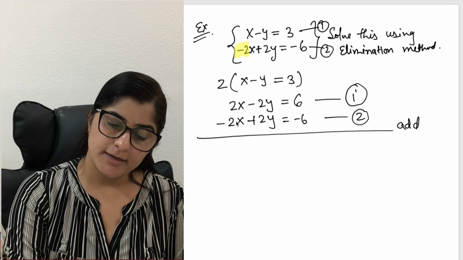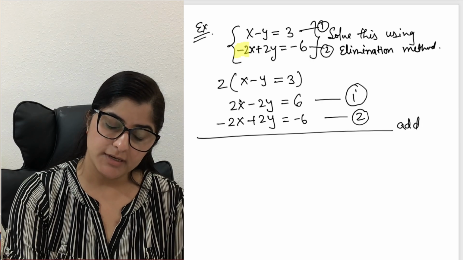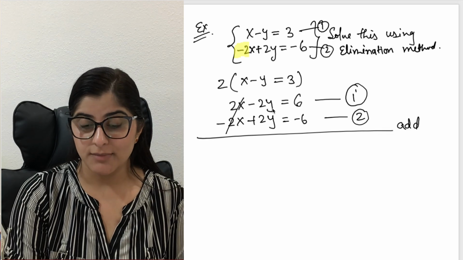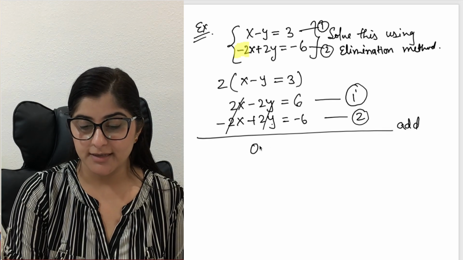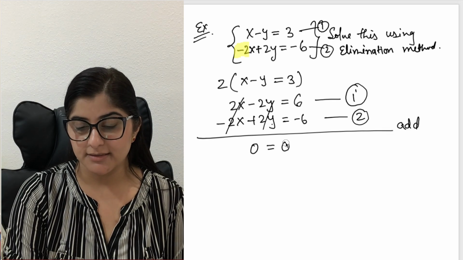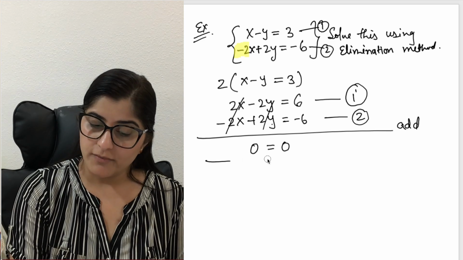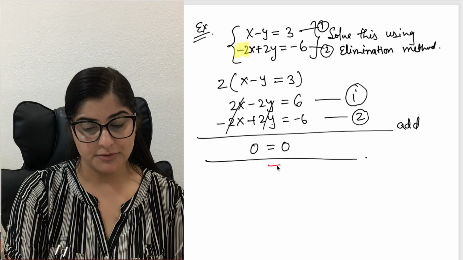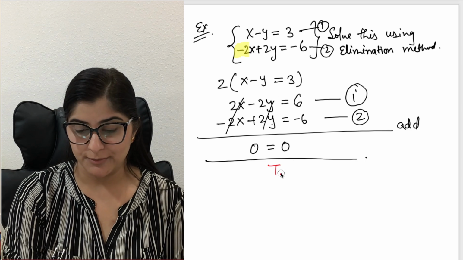When we add, -2x and +2x will cancel each other. And here, by chance, we get -2y and +2y, and they will cancel each other. 6 minus 6 is 0. So all variable terms are cancelled out, right? And we get a true statement, 0 is equal to 0.